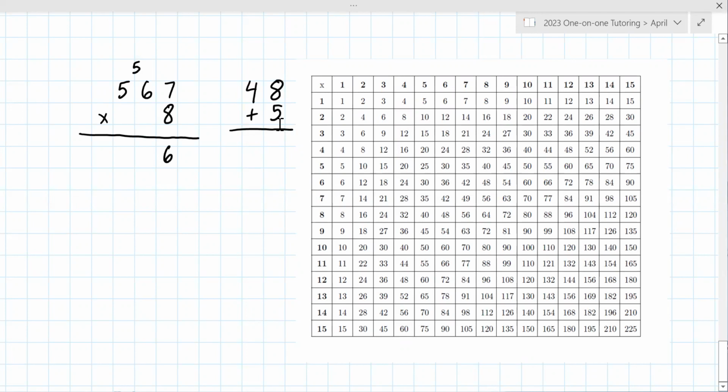What does that become? So I agree. 8 plus 5 is 13, carry a 1. What is 1 plus 4?